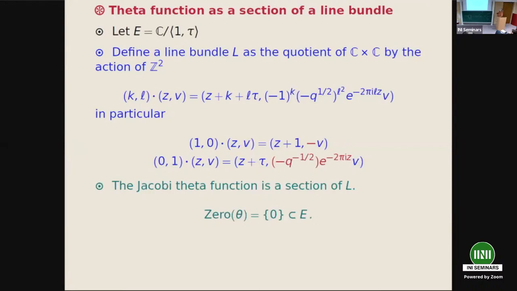But you can say that the Jacobi theta function is something really God-given. It is a section of a bundle, and the bundle is given by a divisor 0. So what else can be more natural? Maybe the trivial bundle, but the trivial bundle does not have many sections.